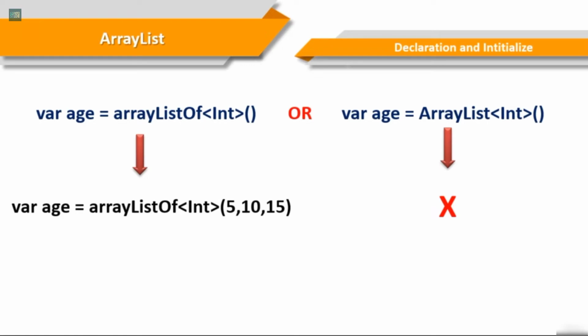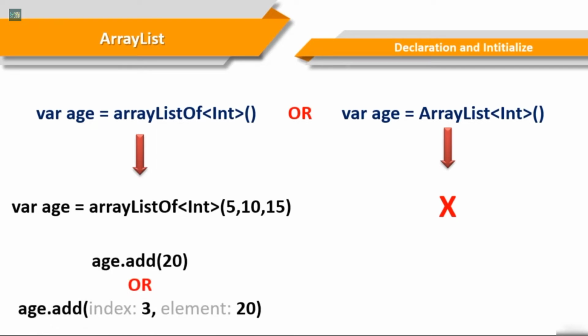We can now use the add method for this. Of course, we could use the add method in two different ways. Full of options we have here. So in the first method, we can just write the element that we want to add. In this case, it always adds the element at the end of the array.